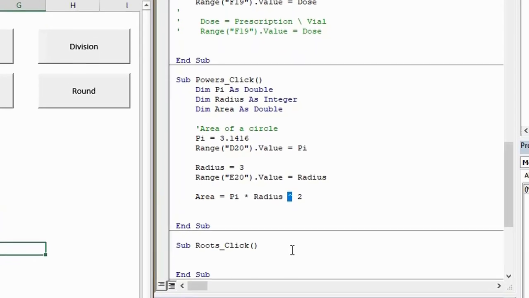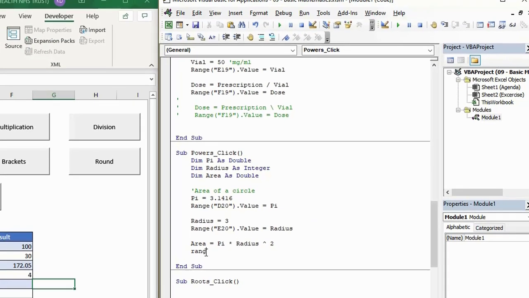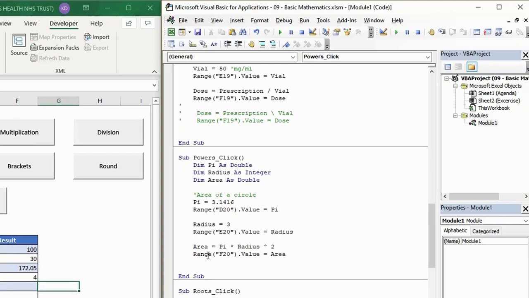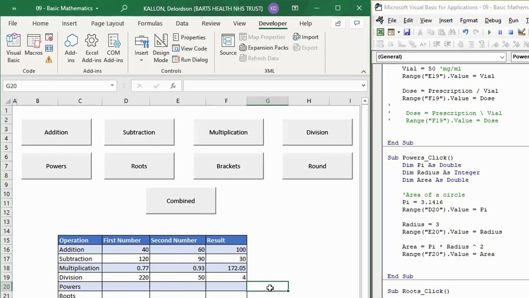Notice my notation for raising to the power 2. Let's write the result out to Excel. Let's run the code and see what we get. And as you can see, we get an area of 28.2744.